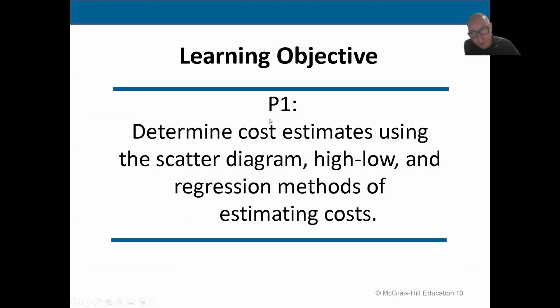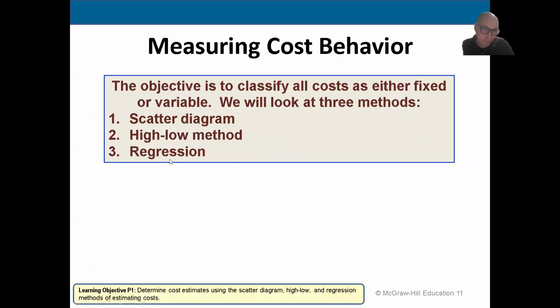Don't worry, I'm not going to go all statistics on you, but I just want to show you some easy statistics to help you to understand how we estimate costs. We first look to classify whether costs are fixed or variable. And we do that by looking at these 3 different methods: scatter diagram, the high-low method, or linear regression.